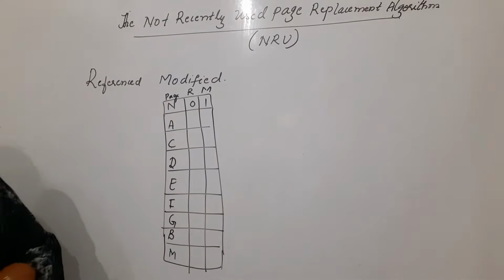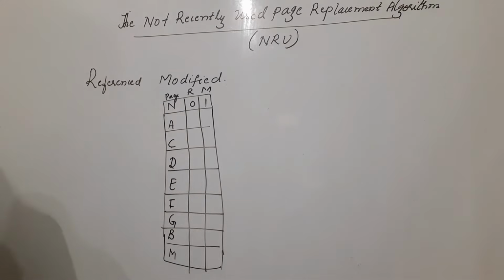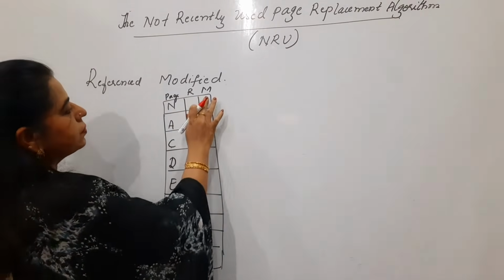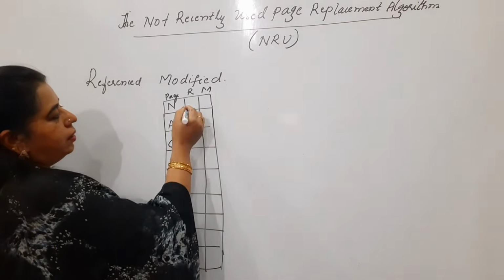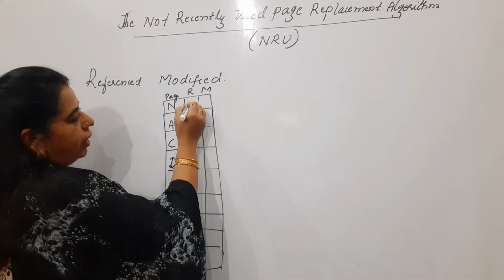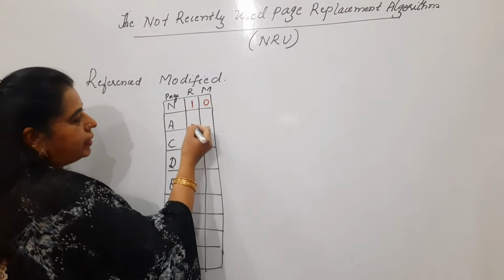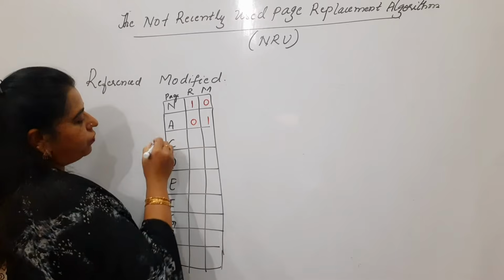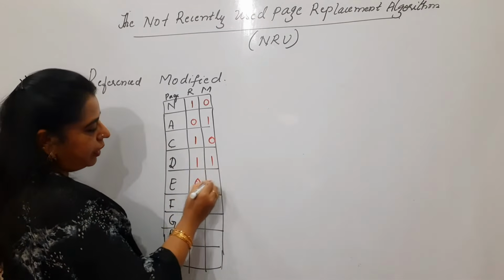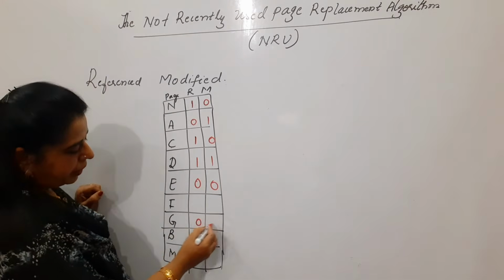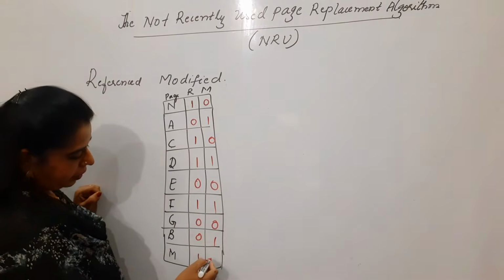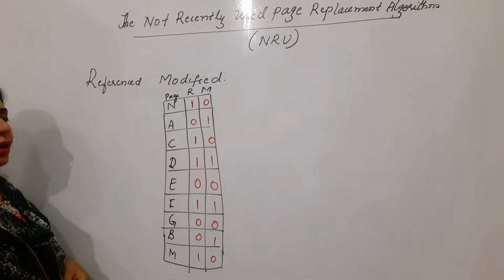So that I can tell you how exactly this algorithm works, let us assume some values here for R and M. For N, let us take R is 1, M is 0. For A, R is 0, M is 1. For C, 1 and 0. For D, 1, 1. For E, 0, 0. For F, 1, 1. For B, 0, 1. For N, 1 and 0. Like this we have chosen.